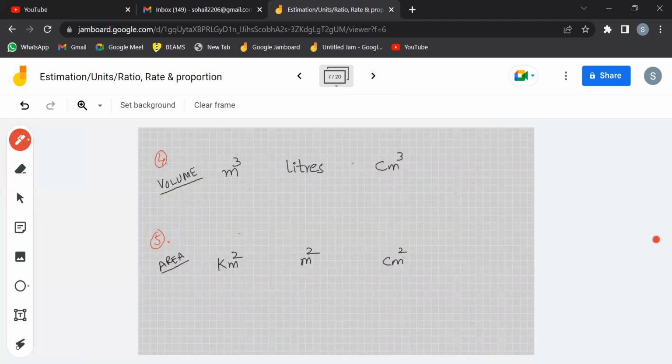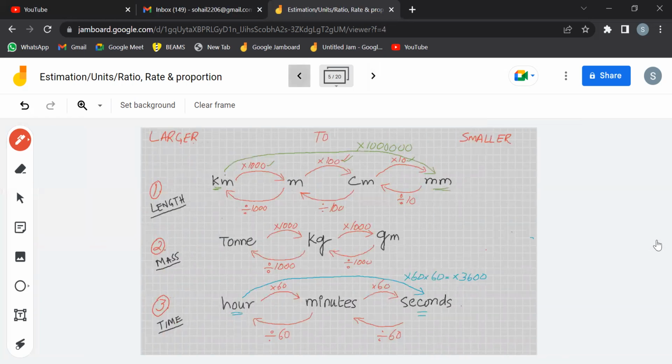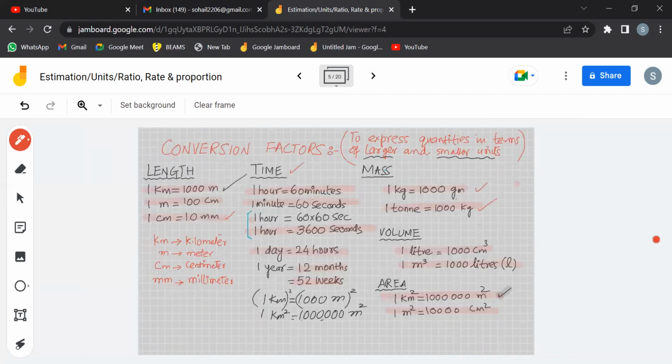Likewise, for cubic meter to liters, from liter to centimeter cube, from centimeter cube to liters, and from liters to meter cube. Here are the conversion factors for the volume. 1 liter is equal to 1000 centimeter cube, and 1 cubic meter is equal to 1000 liters.